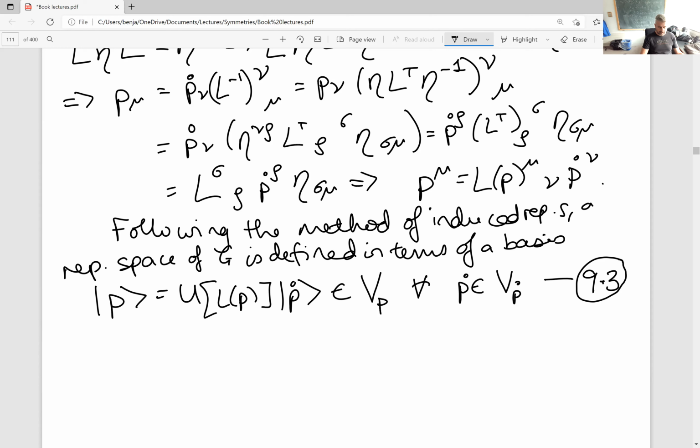In other words, if we vary those P dots in our basis, then we can generate the general space for P by using this unitary operator encoding the Lorentz transformation first. So we can Lorentz transform from P dot to P. Finding a representation of the Poincare group then just requires a determination of U lambda of P for arbitrary lambda.